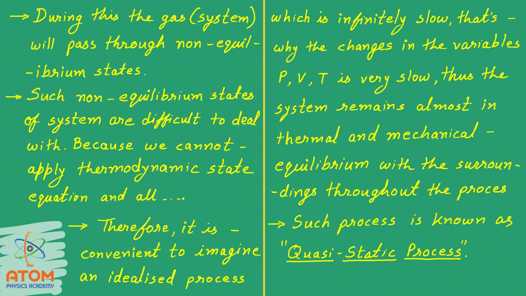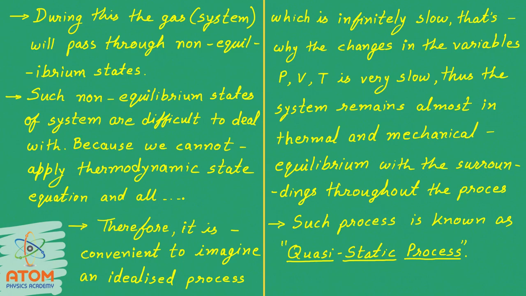Look, if we take the process to be infinitely slow, what will happen? The variables like pressure, volume, temperature will be varying, but very slowly, and so at any moment of time, if you see, you will find that P, V, T are almost constant.